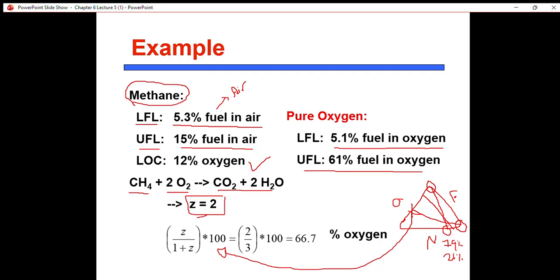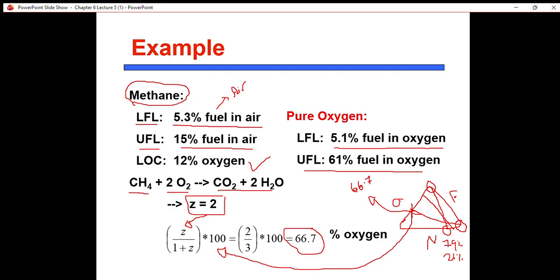Therefore, the percentage of oxygen is approximately 66.7%, or 67. So I know by default that this point has to read 66.7.